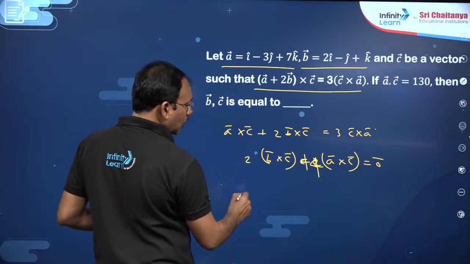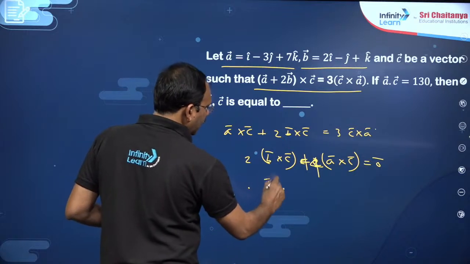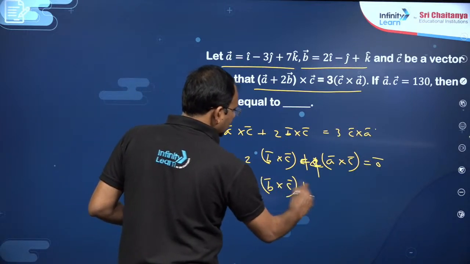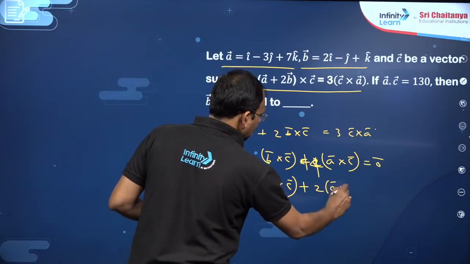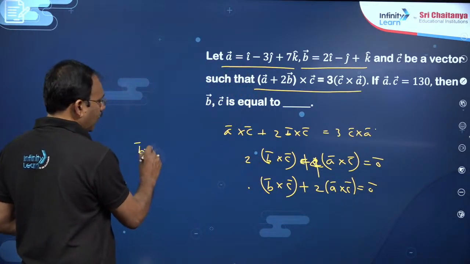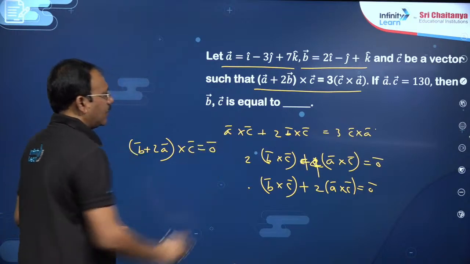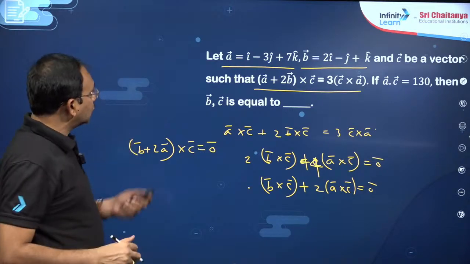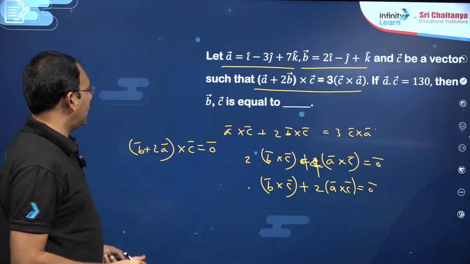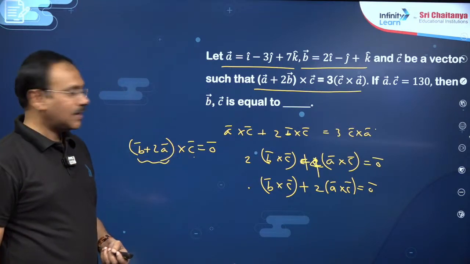In this stage, you can also write, my dear friends, 2 you can cancel: B cross C plus 2 times A cross C will be 0 bar. You can also write B bar plus 2A bar cross C bar is 0 bar. That is what you can write. So, you know A and B. So, C bar must be parallel to B bar plus 2A bar. That is the point.